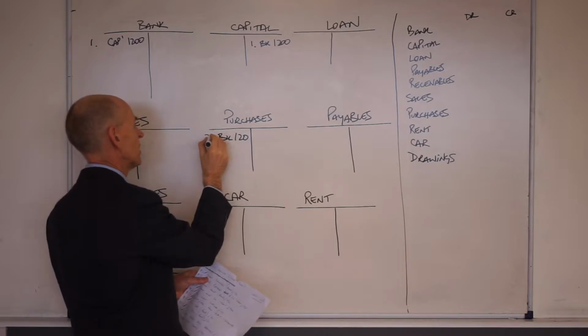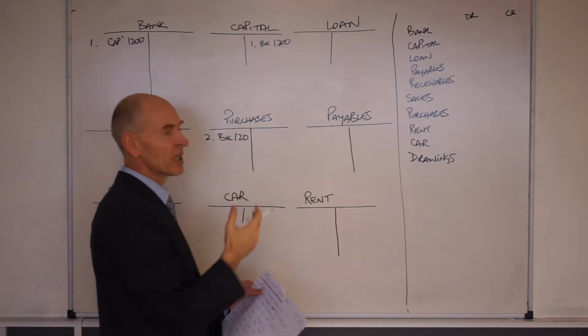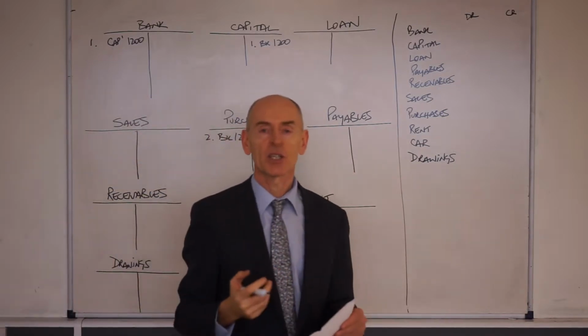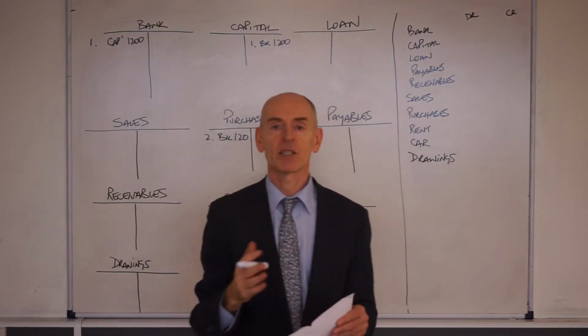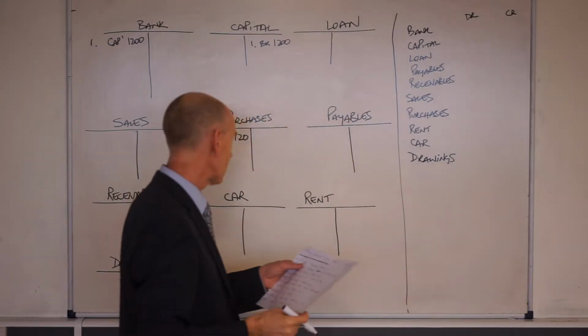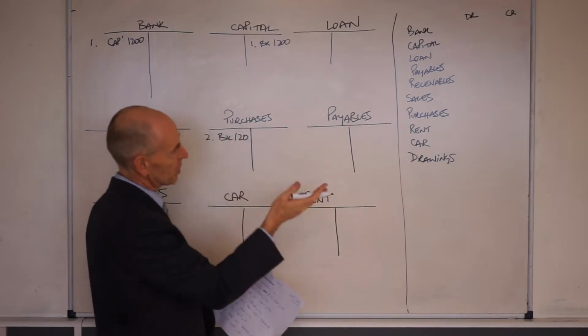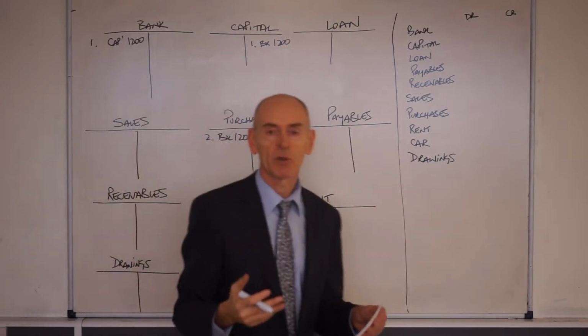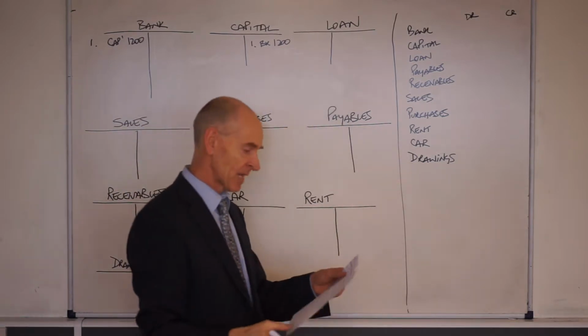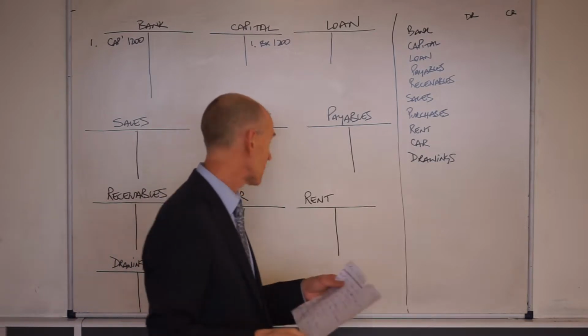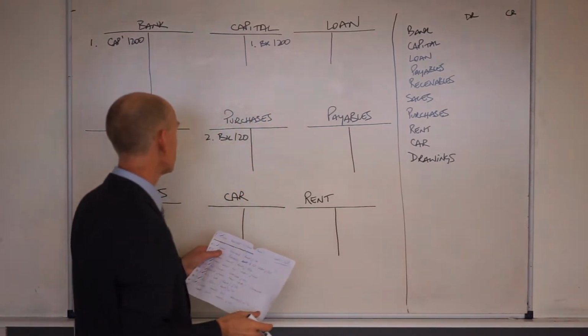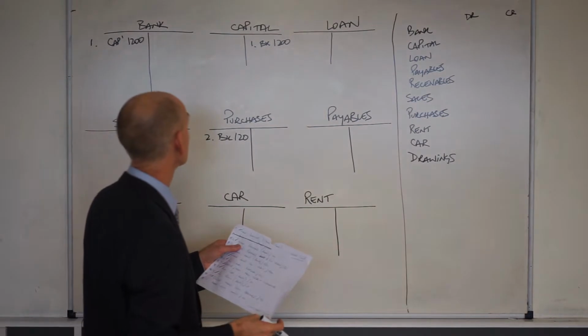It's transaction number 2. Now, when I'm numbering these transactions, you can see those numbers as dates. Sometimes dates are used. I'm just numbering because it lends itself to a nice sequential approach, but you can see them as dates. So we've made this purchase using the bank account.